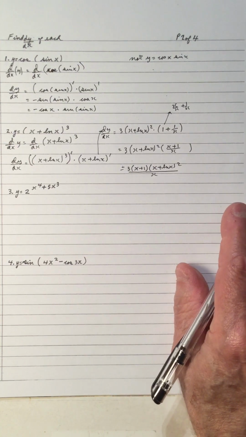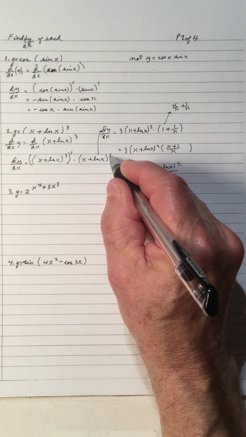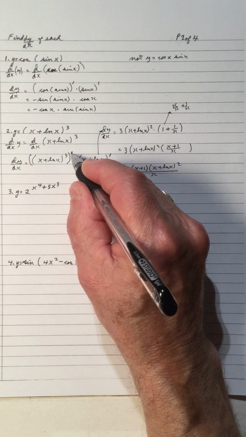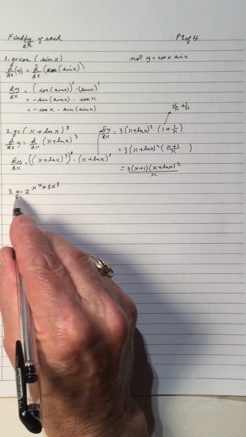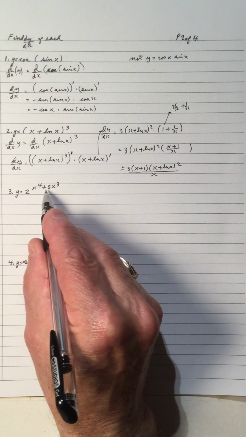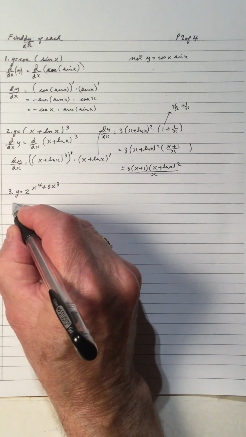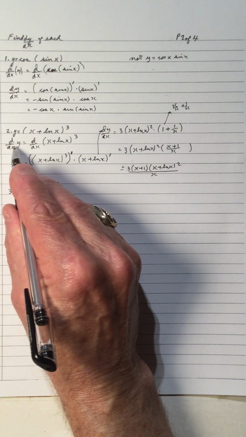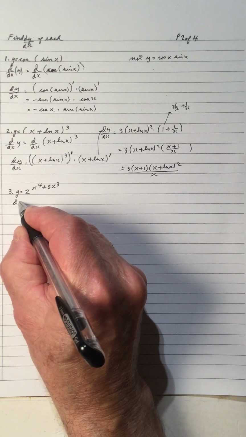And another one to do, again, the more we can see done, the more explanation we can understand and comprehend. And what about y equals 2 to the x to the fourth plus 5x cubed? And again, we do d dx to get the dy, so this becomes, again, I'll take a shortcut.